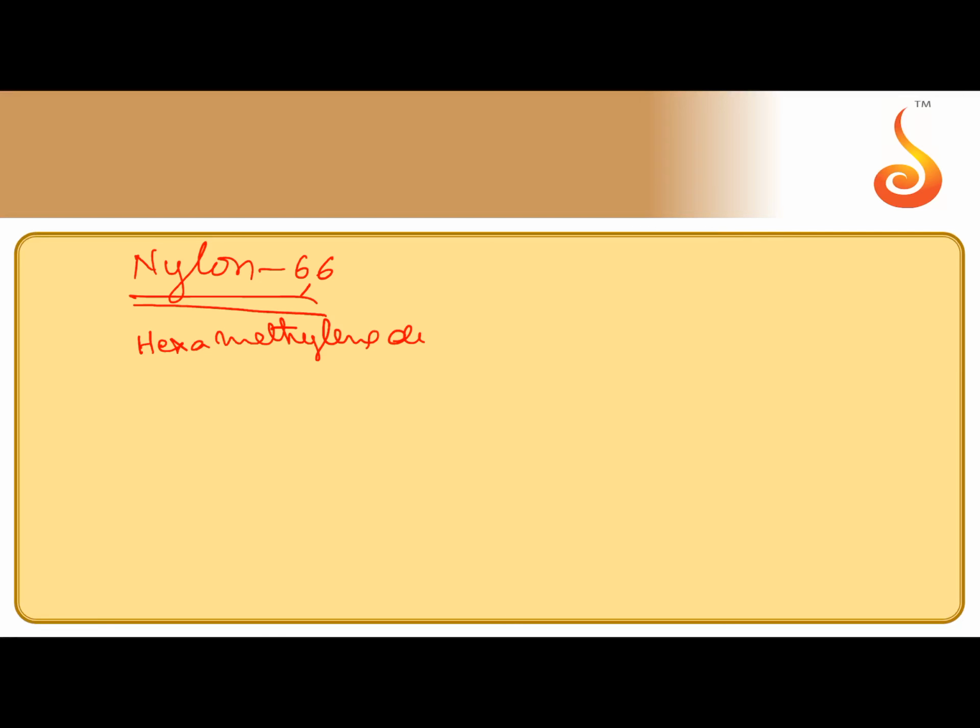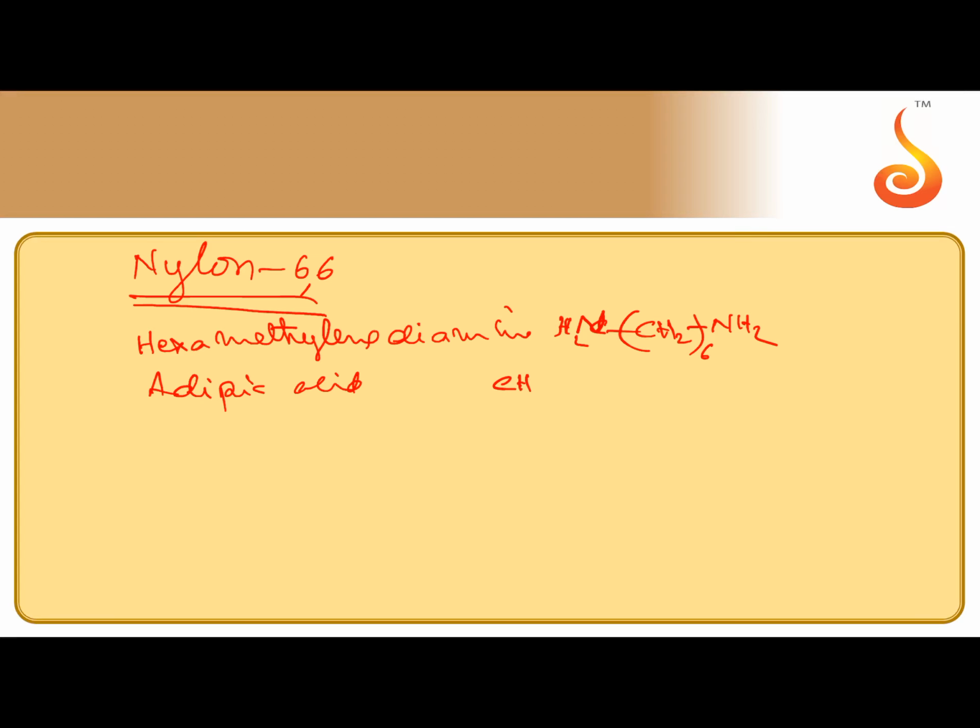Hexamethylene, CH2 group 6 times at terminal carbons 1 and 6. NH2 groups are present. This is hexamethylene diamine. Another one is adipic acid.